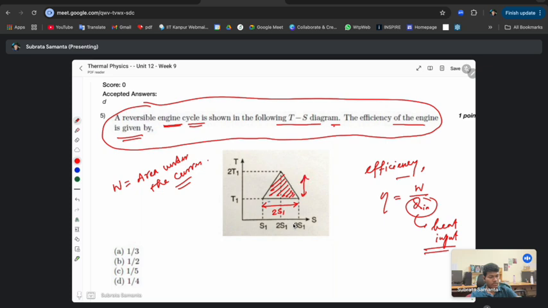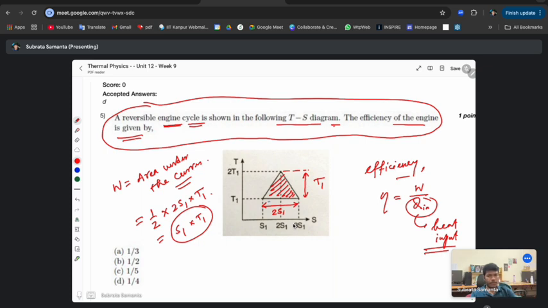This is 2T1 minus T1, which is T1. So the area is half times the base 2S1 times T1, which is S1 times T1. That is your area.